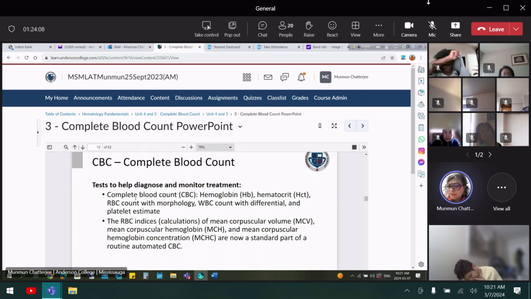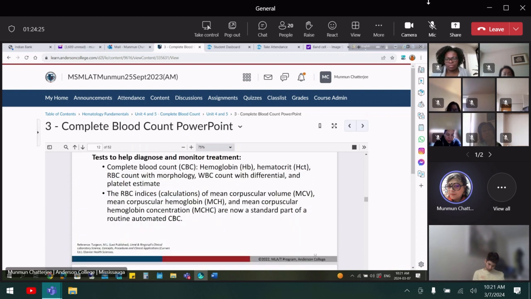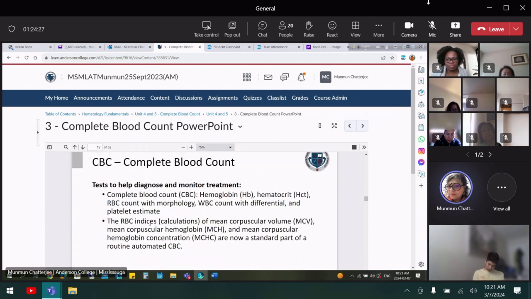What type? You already know. I told you: CBC, hemoglobin, hematocrit, RBC count with the morphology, that is the size, shape, volume. WBC count with differential, meaning different types of WBCs, and platelet estimate. What are called RBC indices?